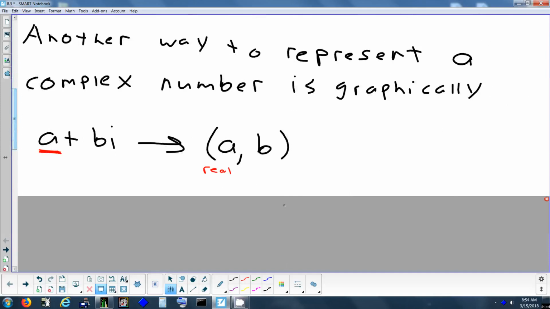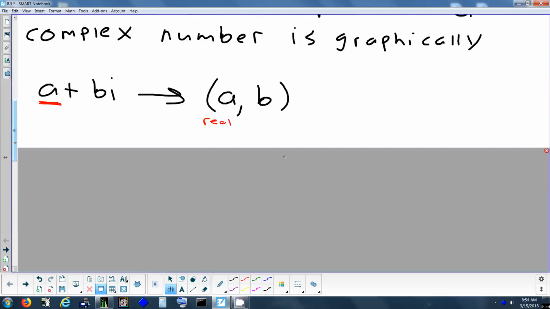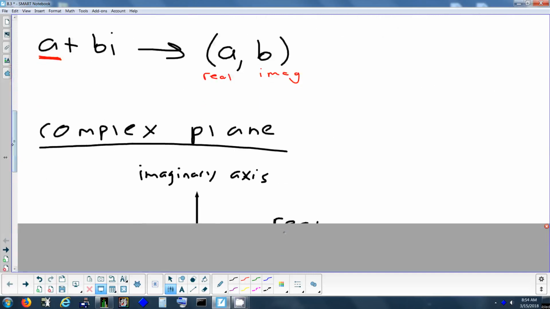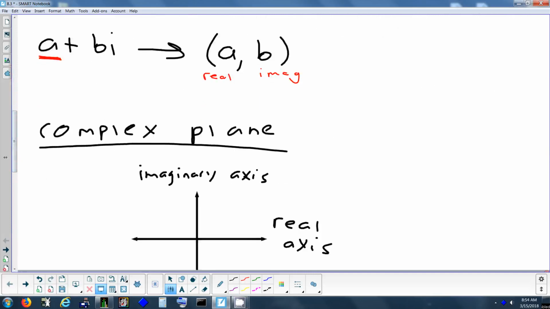And the second axis is normally your y, so the imaginary part is taking the place of the y. In the complex plane, you have two axes: the real axis takes the place of the x, the imaginary takes the place of the y. Positive and negative is exactly the same as it always is.